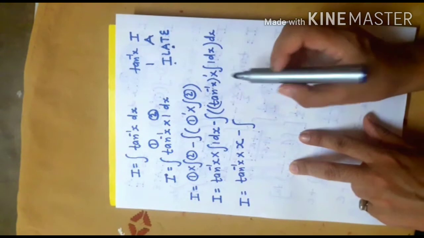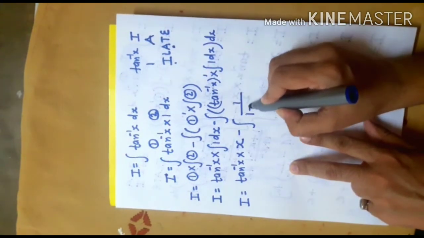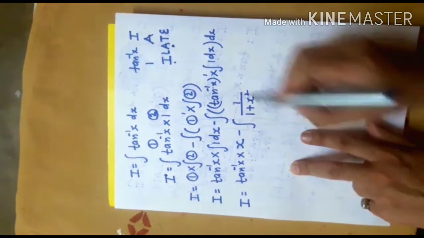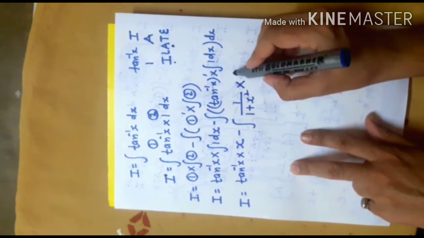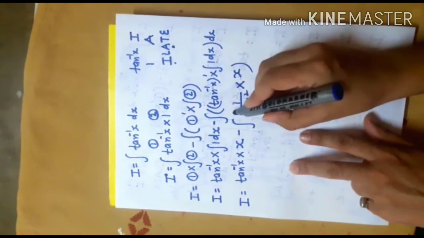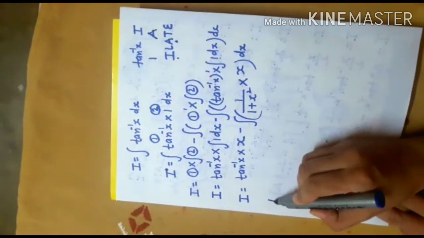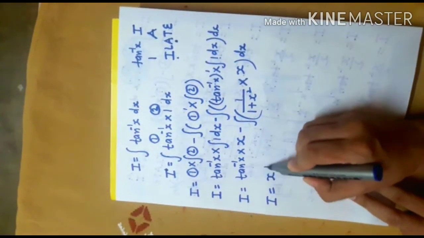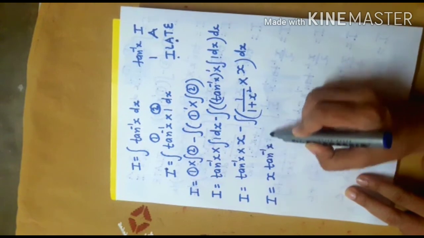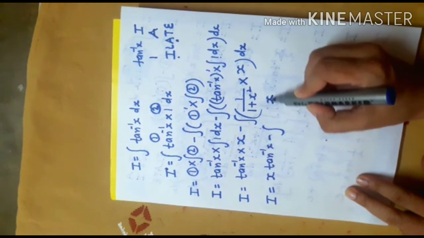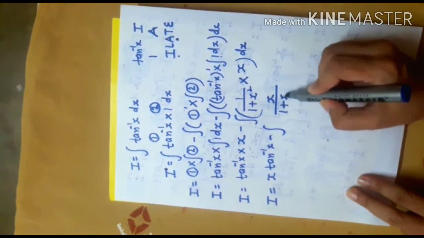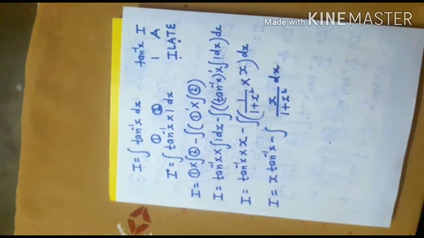What is the derivative of tan inverse x? It is 1 over 1 plus x square into integral of 1, which is x. So I will be equal to x into tan inverse x minus integral x over 1 plus x square dx.